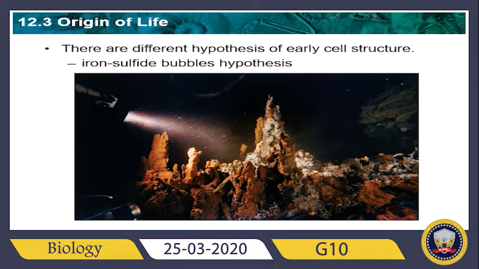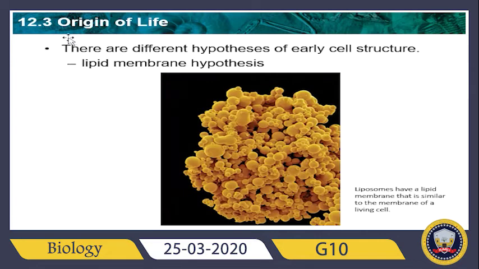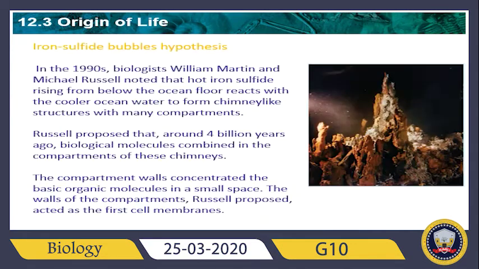So guys, the early cell structure hypotheses. There are different hypotheses for early cell structure. The first one is the iron sulfide bubbles hypothesis, and the second one is the lipid membrane hypothesis. Let us start with the iron sulfide bubbles hypothesis.